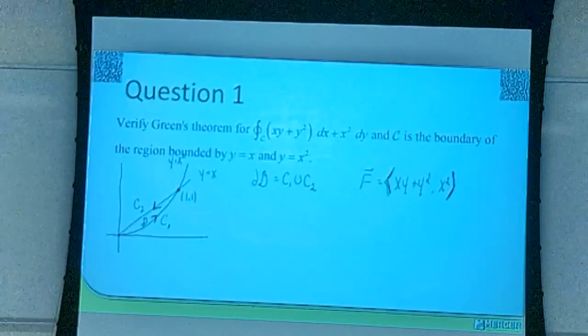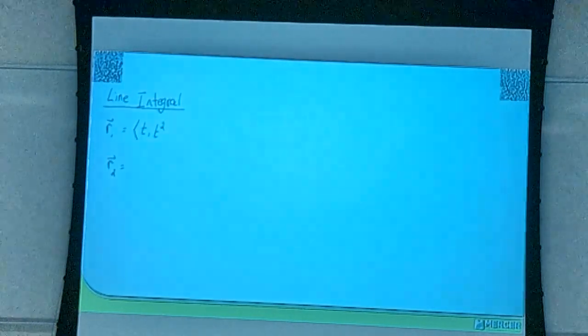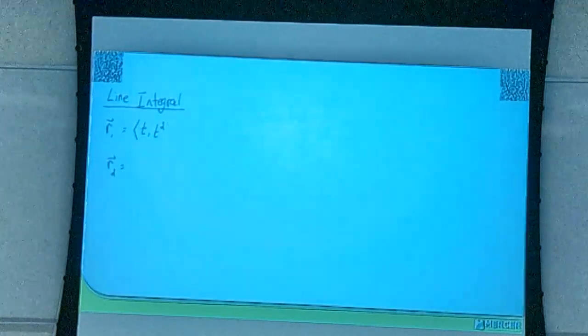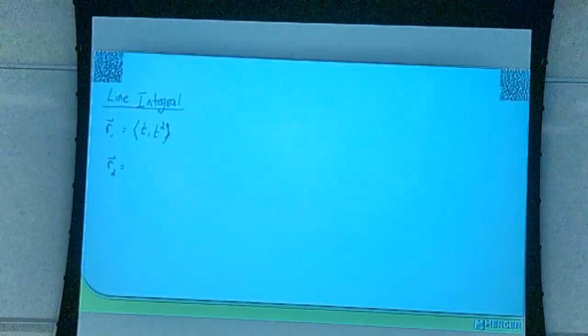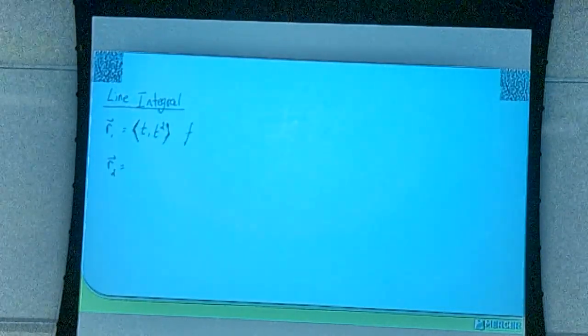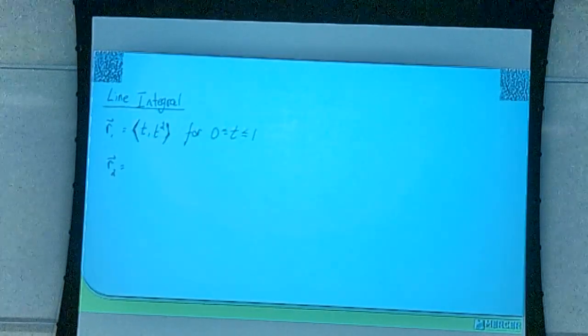Isn't that y equals x squared? So why not just do t, t squared, with t going from 0 to 1?